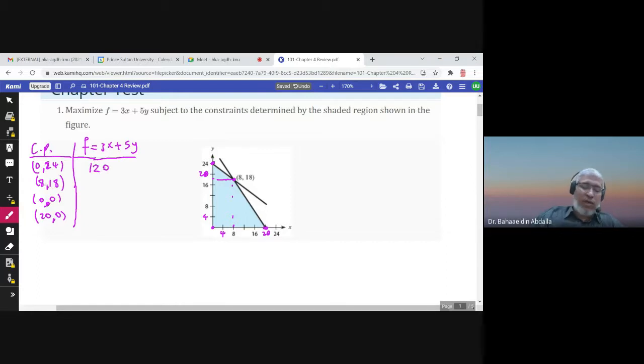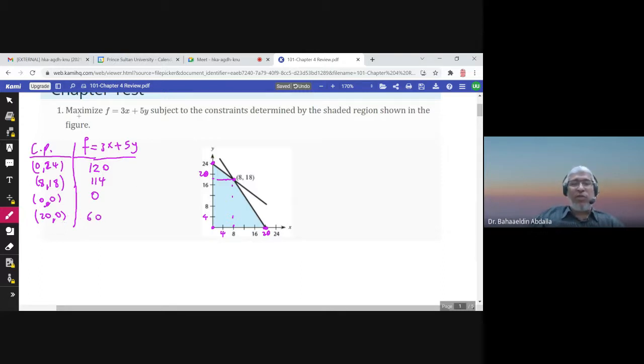Well, here 3 times 8 plus 5 times 18, 114. 0, 0 will give you 0. And 3 times 20 is 60. And 5 times 0 is 0.